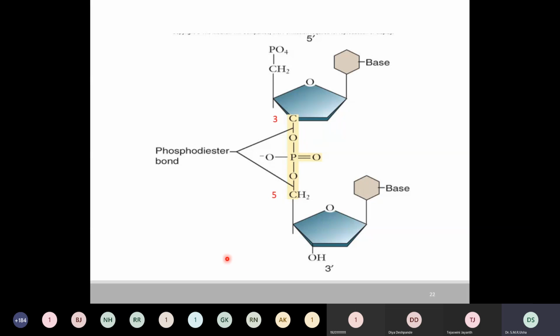Normally any new nucleotide coming in forms a 3',5' phosphodiester bond with this 3-hydroxyl group. So the polynucleotide chain grows in this direction, meaning 5 prime to 3 prime direction. So please remember this.